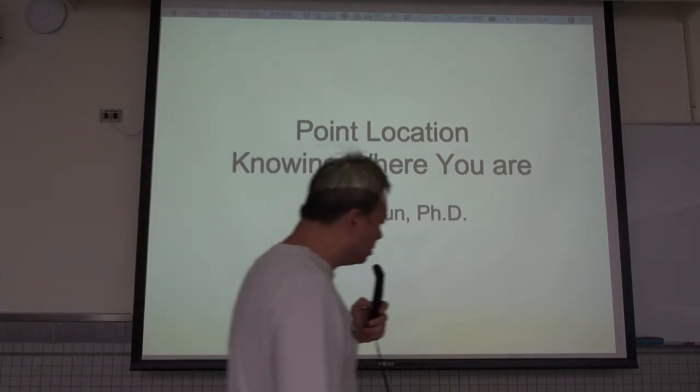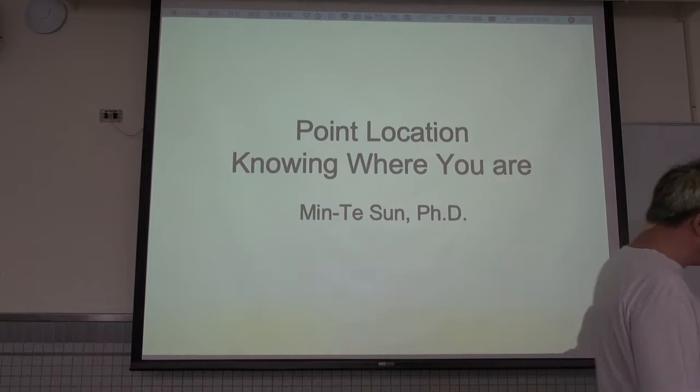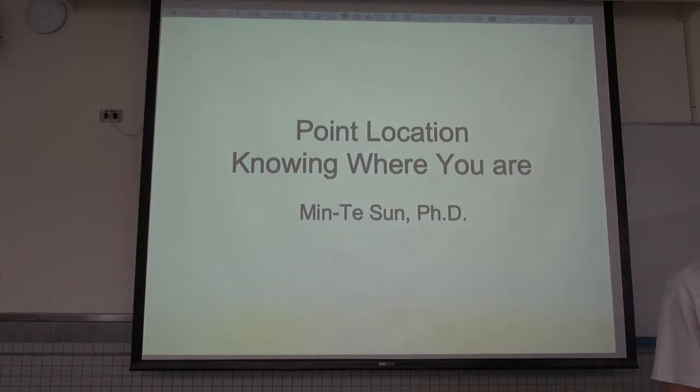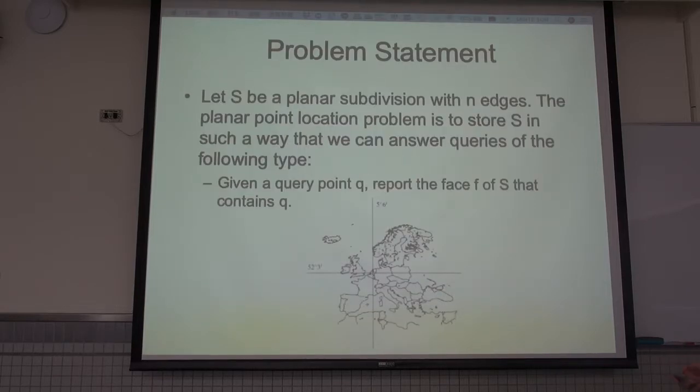So this one is also a query, but it's a special query, and it's different. For instance, say you locate a particular point on your map, and you would like to know which country this point belongs to.